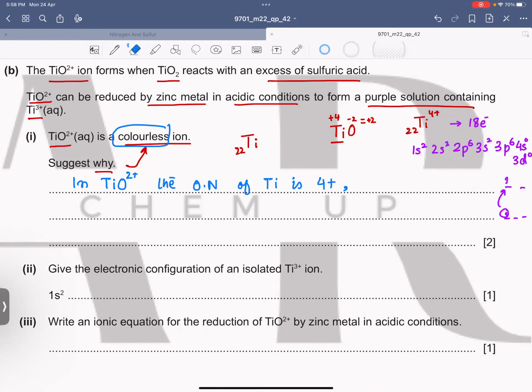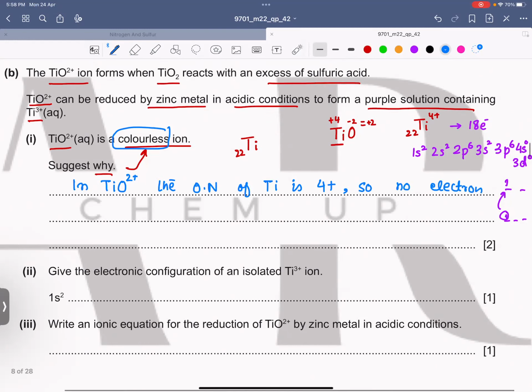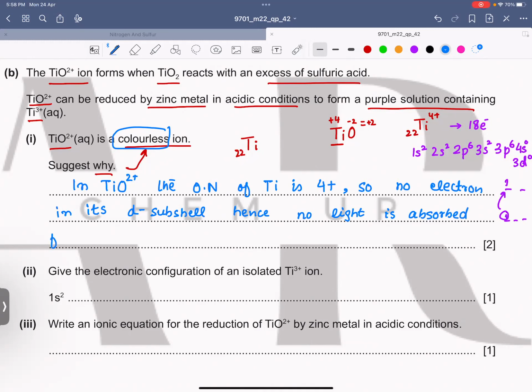So no electron in its d subshell, hence no light is absorbed from the visible spectrum.